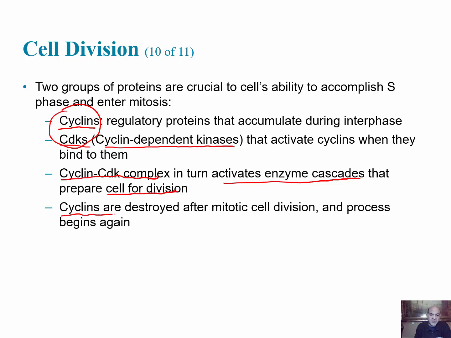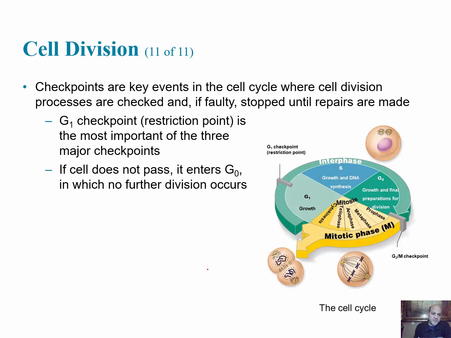After cell division, again, the cyclins are destroyed, broken down, and the process stops, at least for the time being, while the cell is just going through normal growth and activity during interphase, or G1, the gap 1 stage.